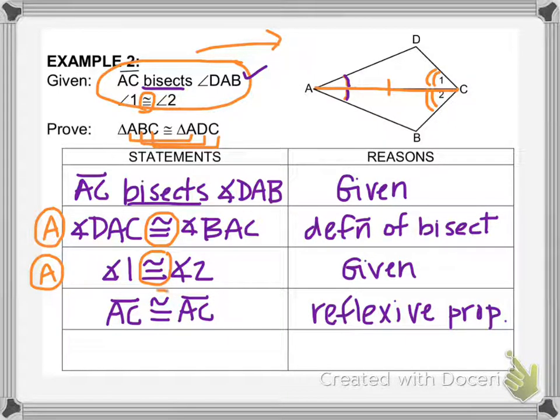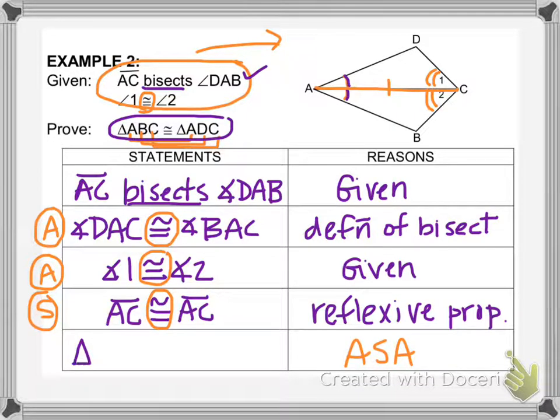Now this is a congruent statement, and it's saying 2 sides are congruent, so that's going to be an S. So then I look at my letters, I've got 2 A's and an S. So by ASA, right, I've got my angle side angle, I can say that these 2 triangles are congruent. So on the very last line, I'm going to put this prove statement. Triangle ABC is congruent to triangle ADC. Oops. There you go.